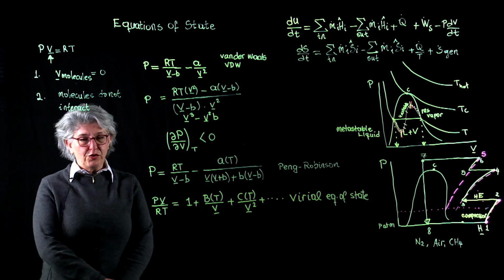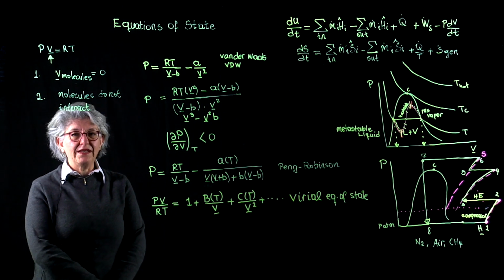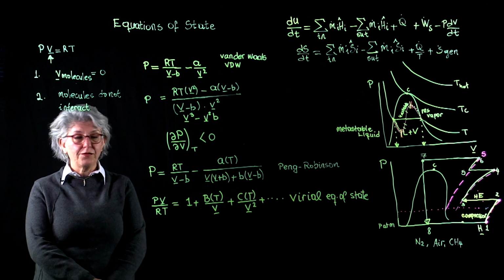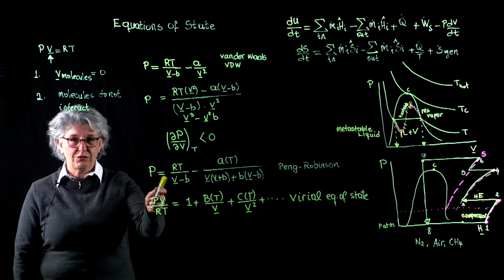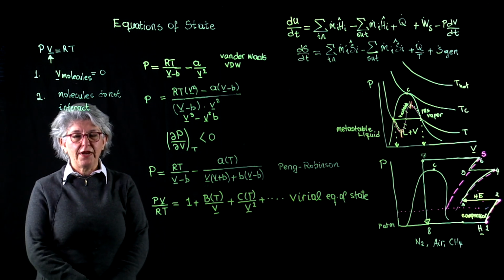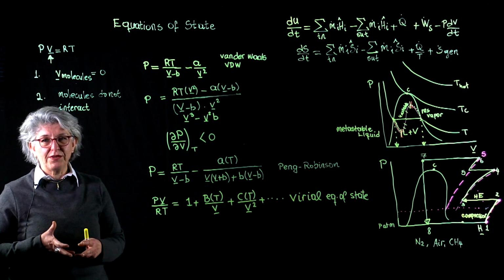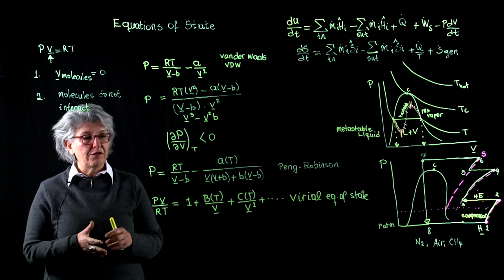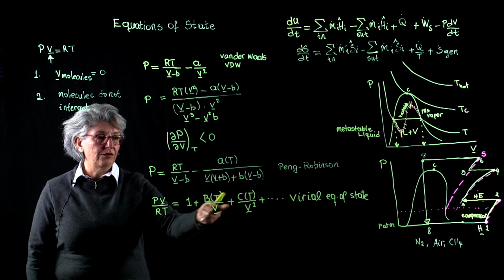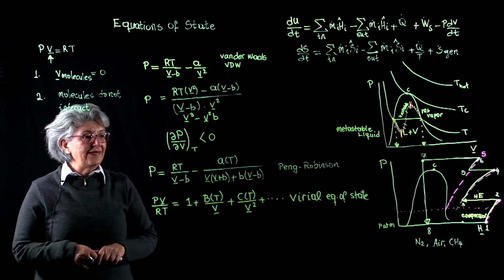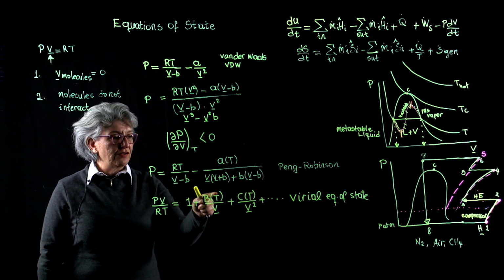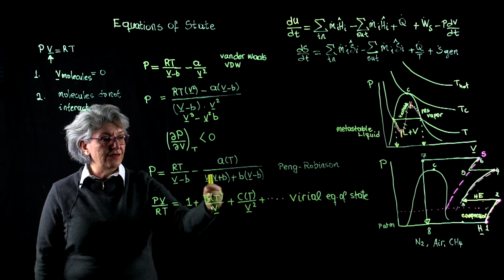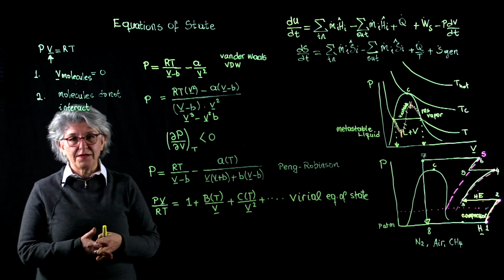Two of the most commonly used equations of state in representing the physical behavior of real fluids are the Peng-Robinson equation of state, which has proven accuracy, especially in predicting the vapor-liquid behavior of mixtures, and the virial equation of state. One thing in common in both of those equations of state is that the constants, the parameters, are functions of temperature.